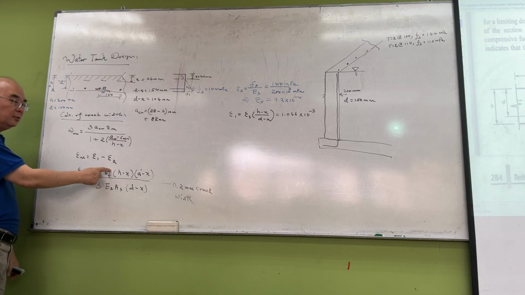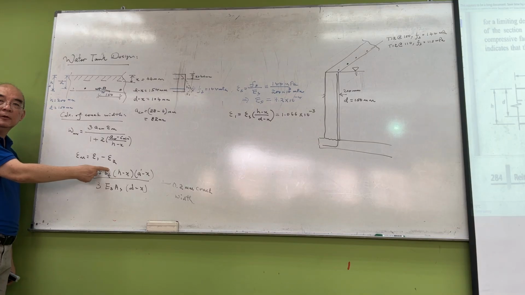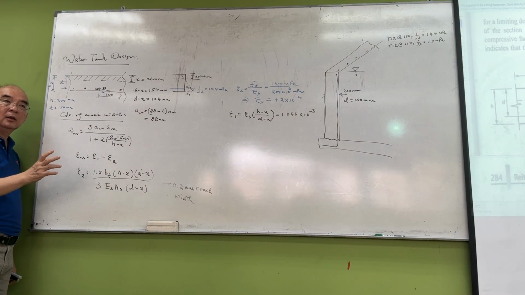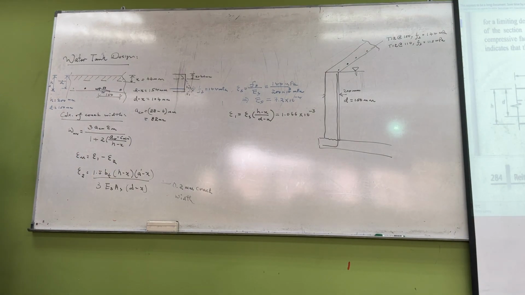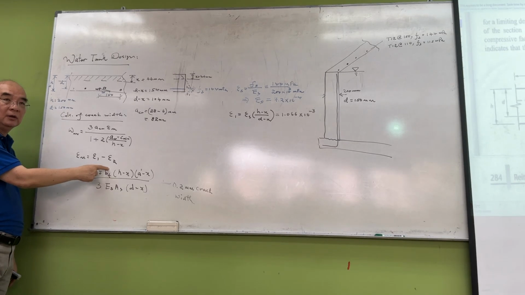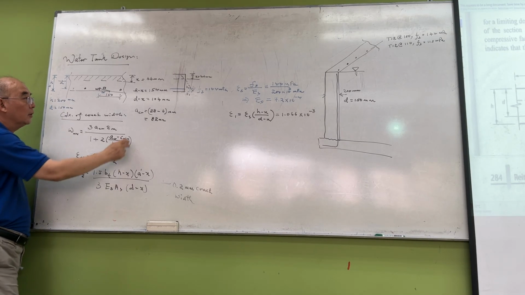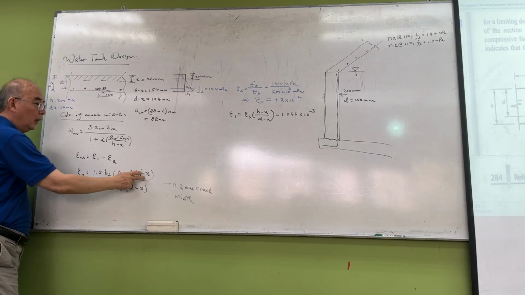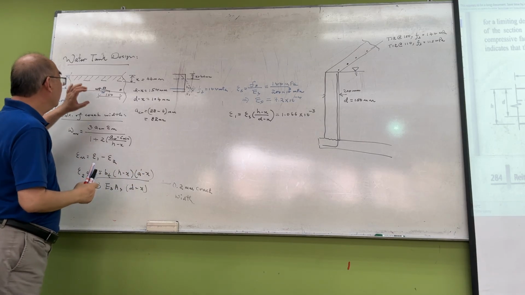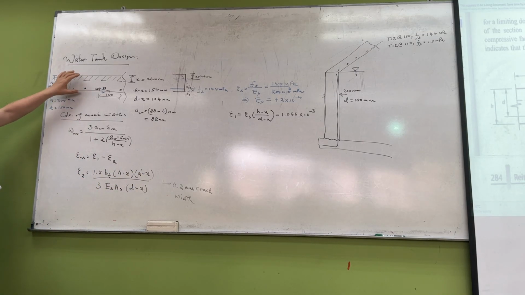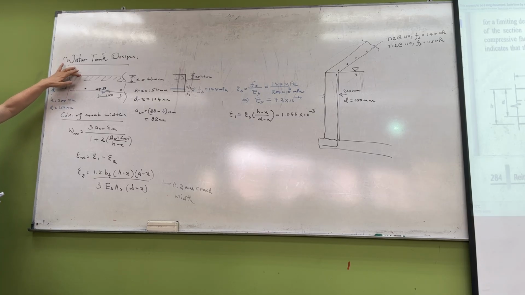So epsilon 2 is 1.5 BT. What is BT here? The width, right? Remember we are designing this wall on a per meter width basis. So this BT is 1000. And h minus x is 154. a prime minus x for the slab is basically the same as h minus x, because a prime is the vertical distance from the top to where you want to calculate the crack width.